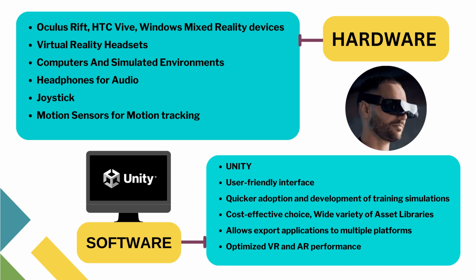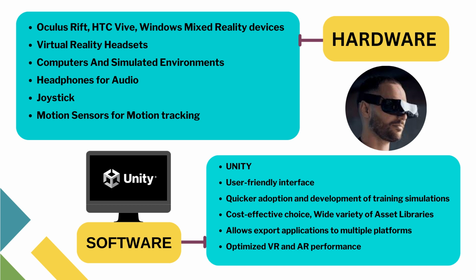Unity's cost effectiveness, wide variety of asset libraries, and cross-platform compatibility further bolster our project's feasibility and scalability. Most importantly, Unity's optimization for AR and VR ensures that our training simulations run smoothly, providing a seamless and captivating learning experience for our troops.